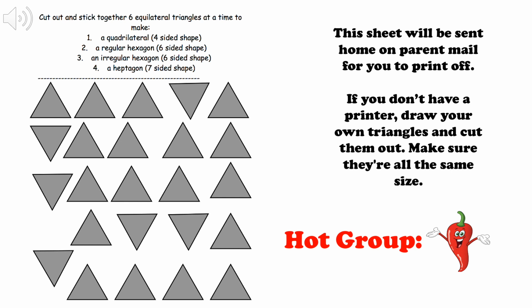The idea is to cut out and stick together 6 equilateral triangles at a time to make, number 1, a quadrilateral, which is a 4-sided shape, number 2, a regular hexagon, a 6-sided shape, number 3, an irregular hexagon, a 6-sided shape, and number 4, a heptagon, a 7-sided shape. Have fun, and if you can, send it as an email to Miss Charman or myself, and we can put them on the blogs to show your lovely work.